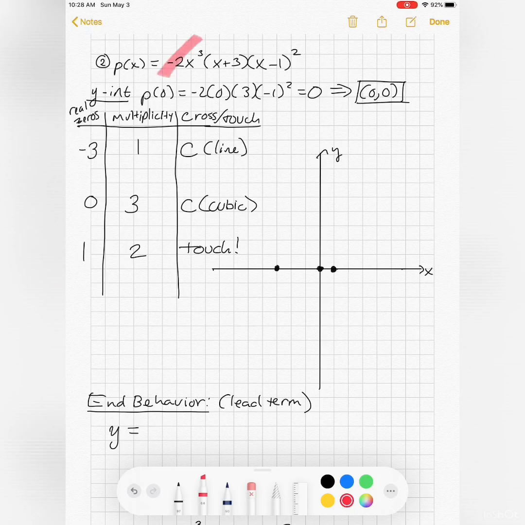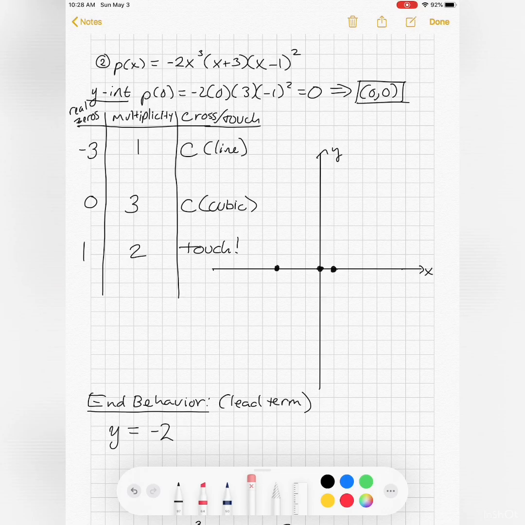The leading term is not -2x cubed, because the leading term is the leading term in the expanded polynomial. That factor, -2x cubed, just happens to be the factor that's written in front. That is not actually the leading term.